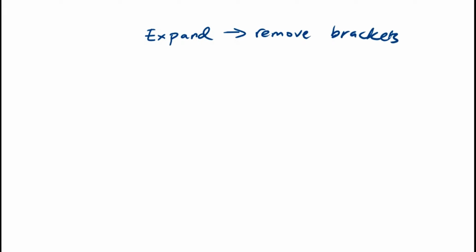And then when some like terms arise from the expansion, we simplify. Okay, so expansion always goes hand in hand with simplification. But factorization is doing the opposite of expanding. So when you expand, you remove brackets. When you are factorizing, you introduce brackets.